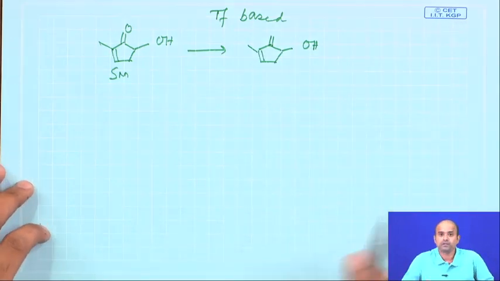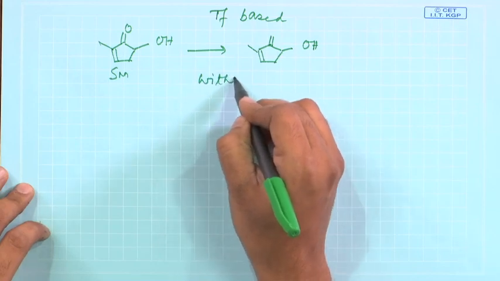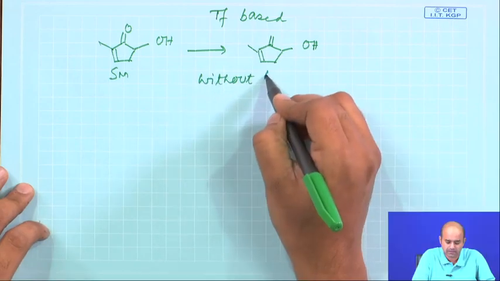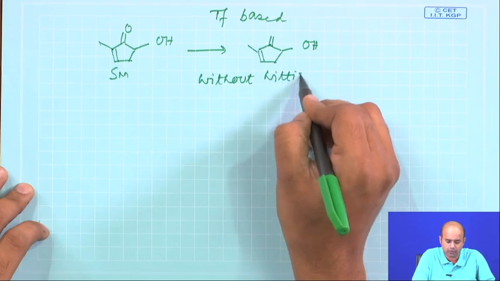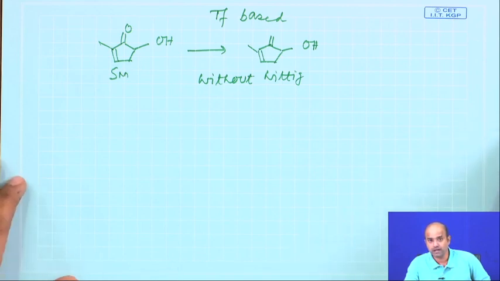Now, the prerequisite is you cannot use a Wittig reaction. Wittig reaction all of us know. So, you need to know some transformation without Wittig, and that is the beauty, that there are many other transformations available in the literature where you can create carbon carbon bonds without using the Wittig reaction.